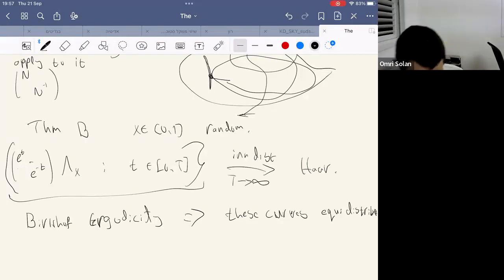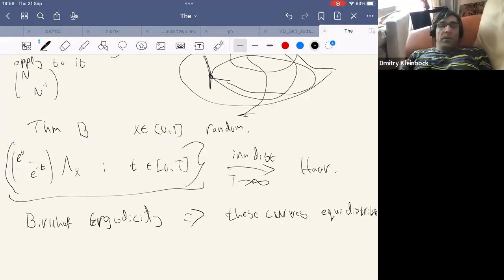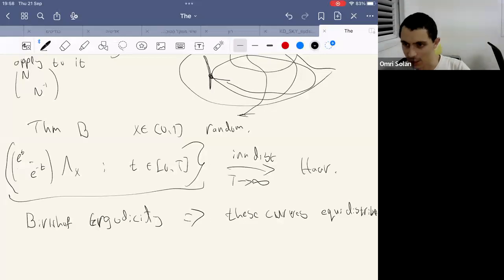Okay, any questions? Okay, no questions. So again, they equidistribute for typical x, for generic x and large T's.